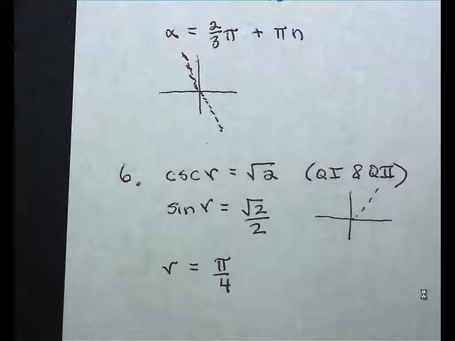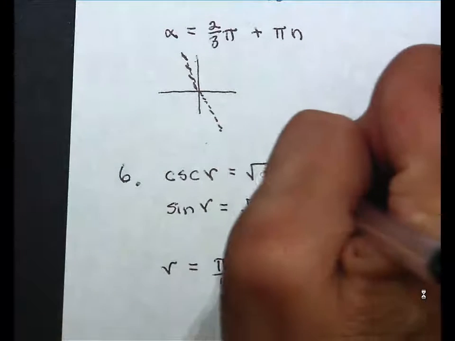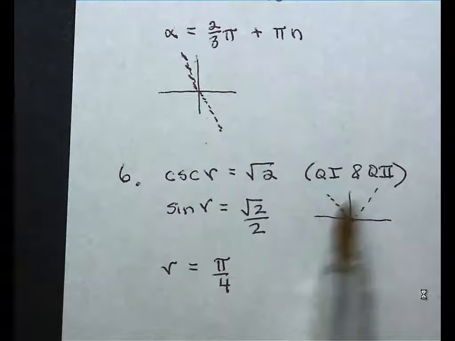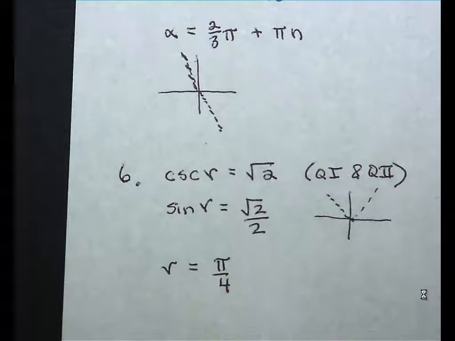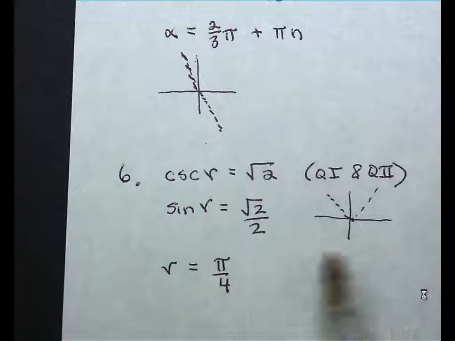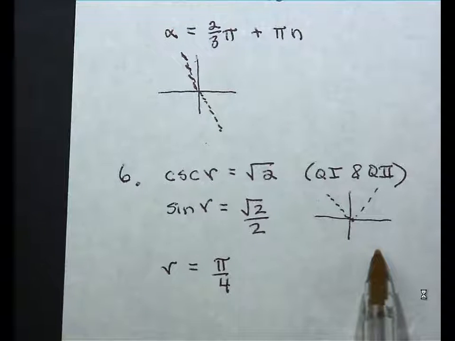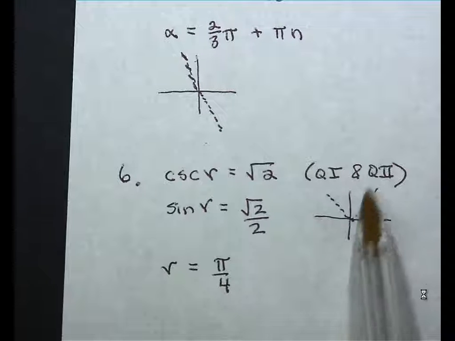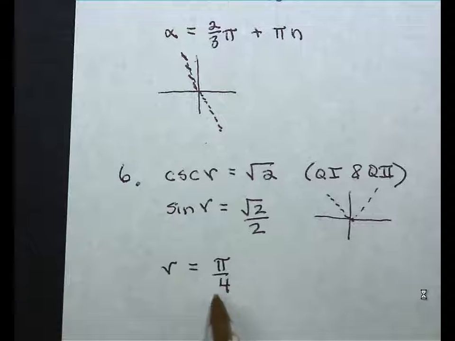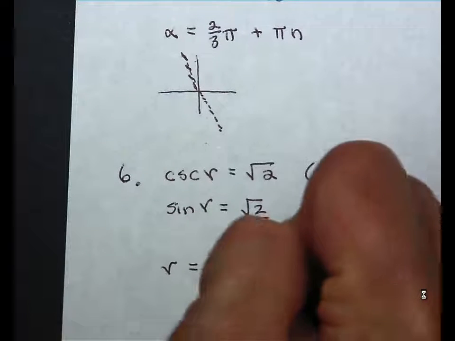Now, since I'm looking for this second quadrant angle, could I just add 90 degrees? Keep adding just multiples of 90 degrees? If I keep adding multiples of 90 degrees, I'm going to pick up these third and fourth quadrant angles as well. And I can't do that. So I have to say pi over 4 and all of its coterminal angles. How do I say all of its coterminal angles? Plus 2 pi n.